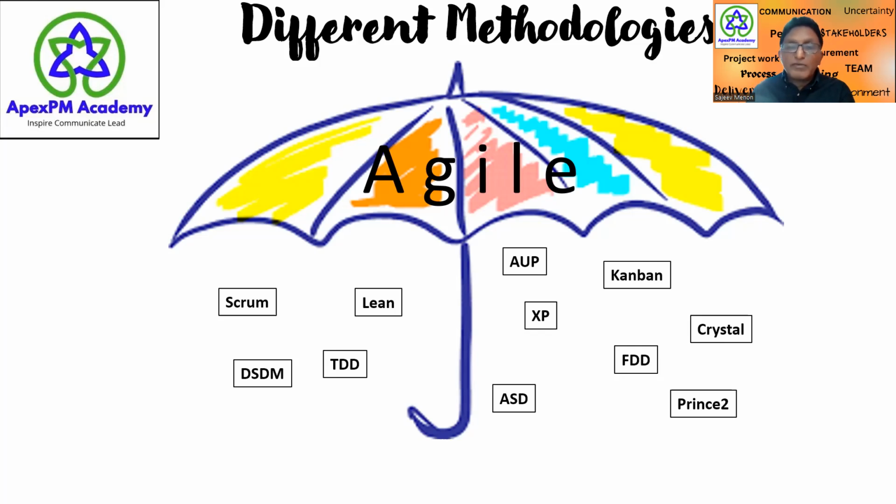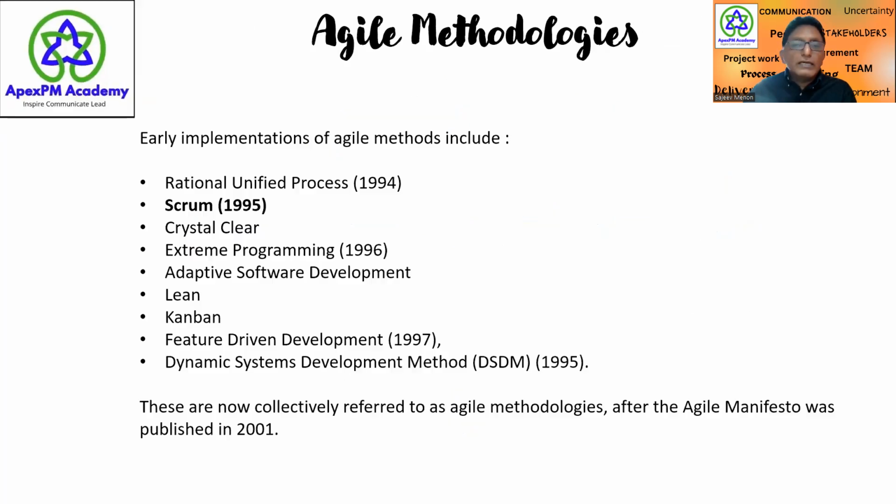So you can have Scrum as well as Kanban, and it's sometimes called Scrumban. Lean minimizes waste. Then you have test-driven development, Crystal and XP. These are the different lightweight frameworks under this Agile umbrella, and they are collectively sometimes referred to as the Agile methodologies.